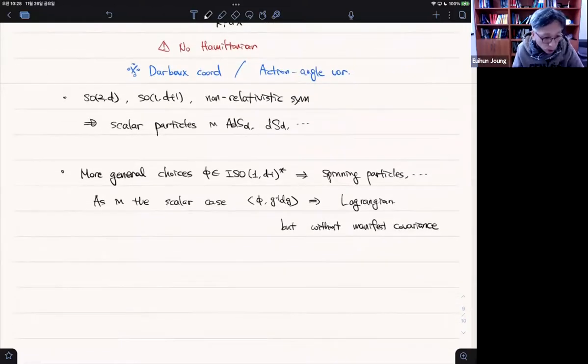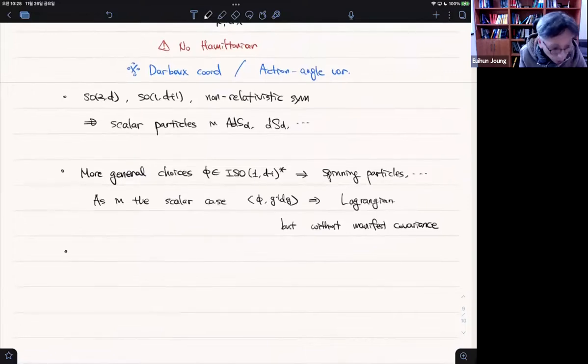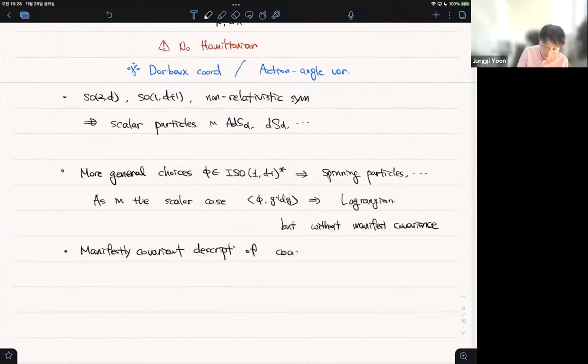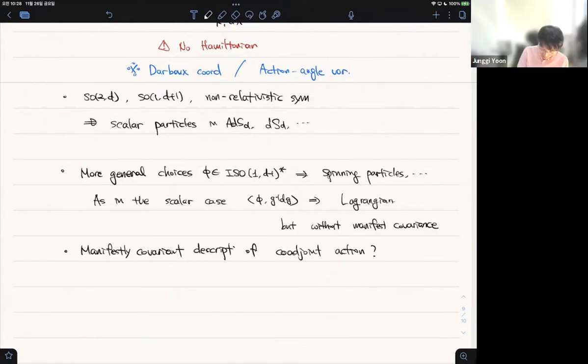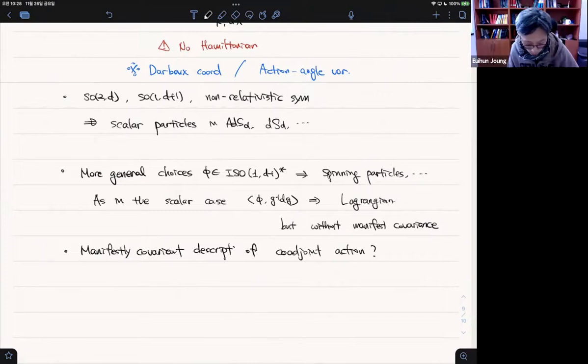So it would be good to have, the question is whether we can cook up a manifestly Lorentz covariant description of the coadjoint action. You can ask this question, because the coadjoint action already is good, but it's not manifestly covariant. Depending on how you choose the coordinate system, you may be satisfied or not.